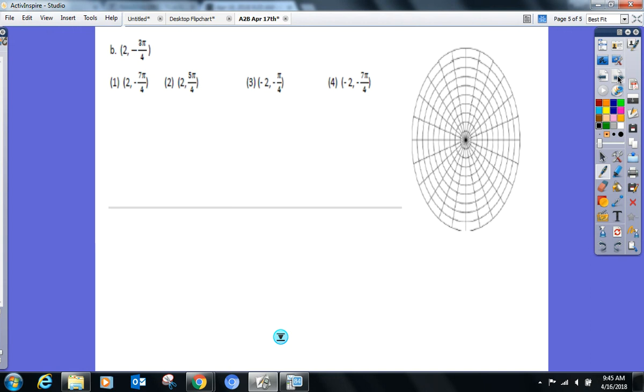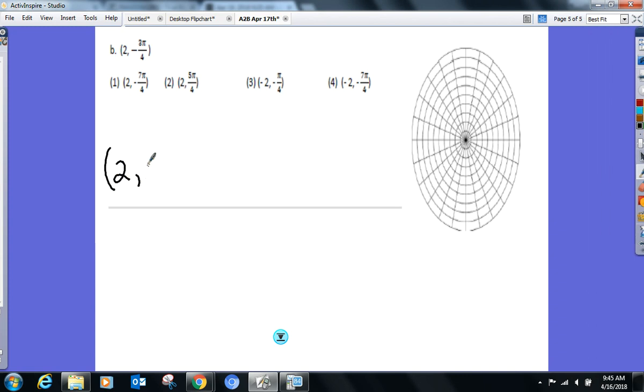Okay, 2, negative 3 pi over 4. Worst comes to worst, you can graph all of them, see which end up at the same point. Okay, ready here? Because this is where we're finishing. That's all I need your help with, is finishing here. All right, what if the 2 stayed positive?